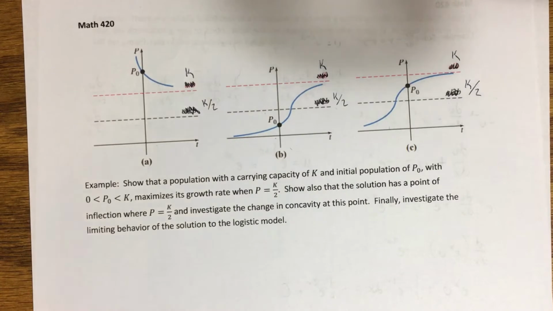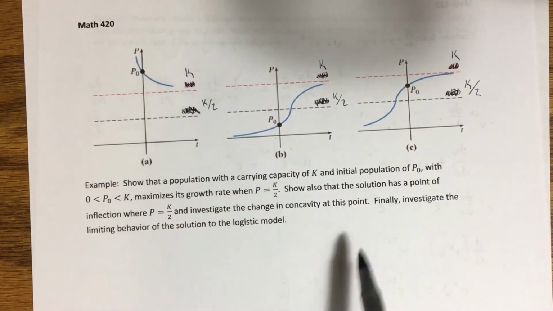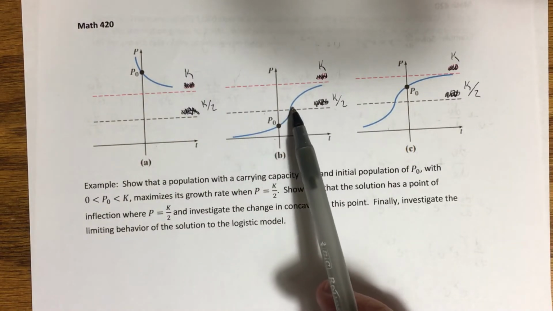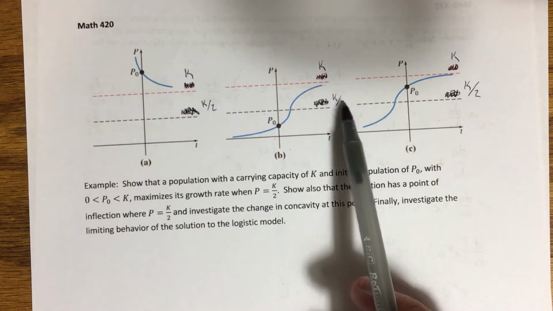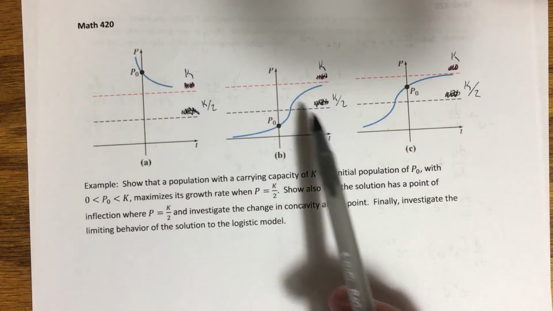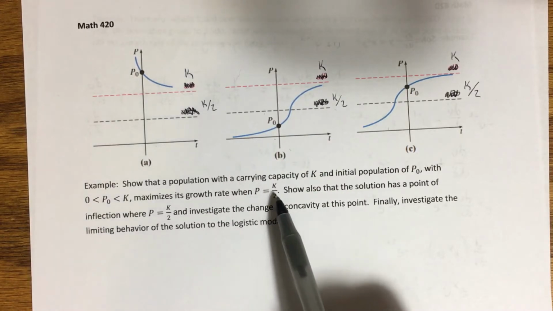So that seems to be the case. We would like to show that that's the case using our model directly. It also looks like there's a change in concavity where the point that has K over 2 as its value of P acts as a point of inflection, and we're concave up before that, concave down after that. I'd like to show all of that stuff here.